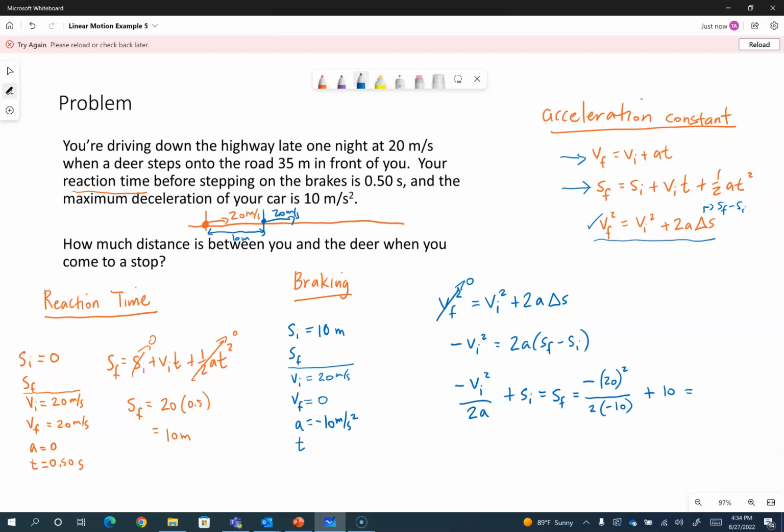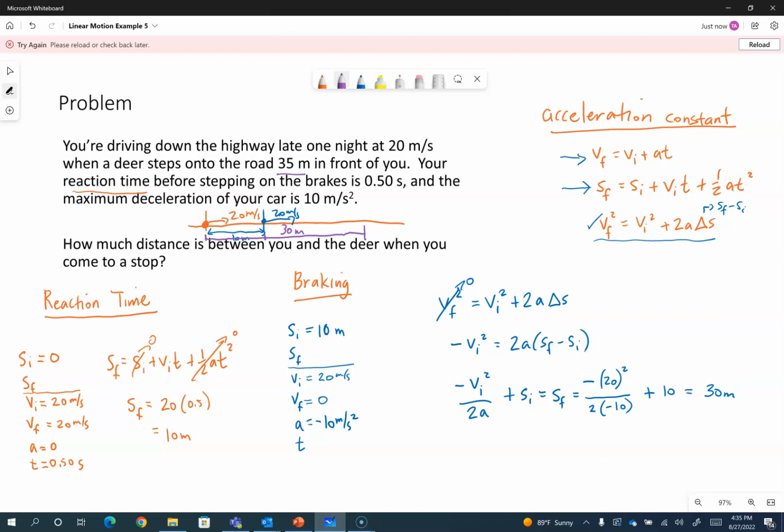So we get 30 meters here. Now this is not our final answer. The question is asking us how much distance is between you and the deer. So if we come up to our picture, we've traveled a total of 30 meters from when we first saw the deer.